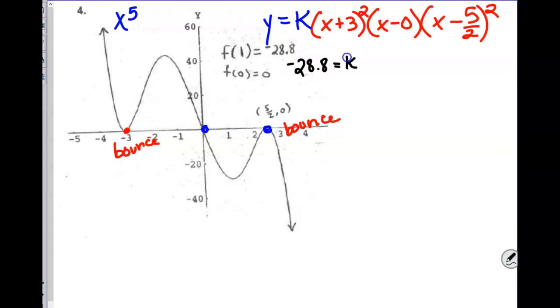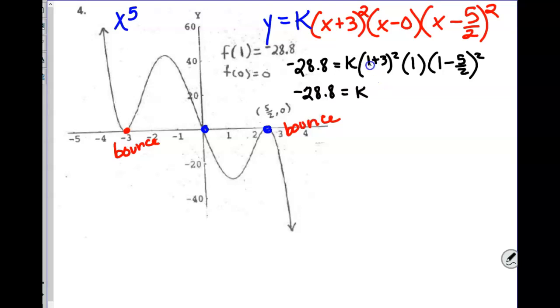equals k times 1 plus 3 quantity squared times 1 minus 0 and 1 minus 5 halves quantity squared. You can literally type all that in on your calculator if you want. I'm going to do a little bit of it by hand here. Let's see, that would be 4 squared would be 16.